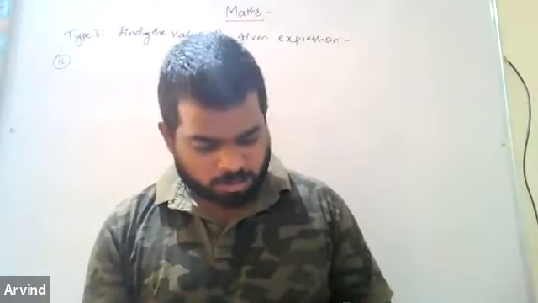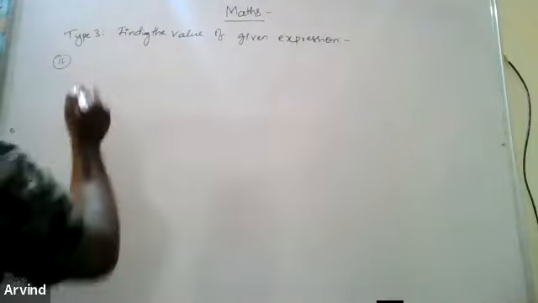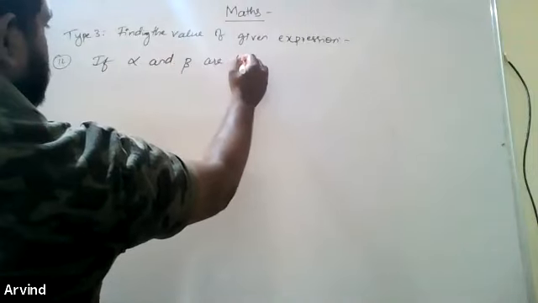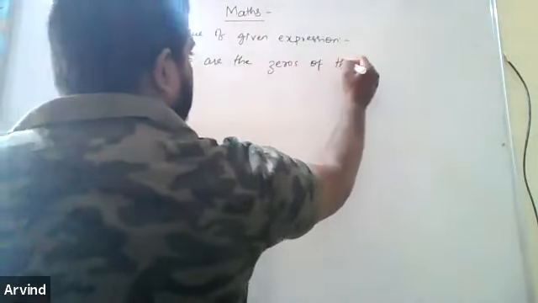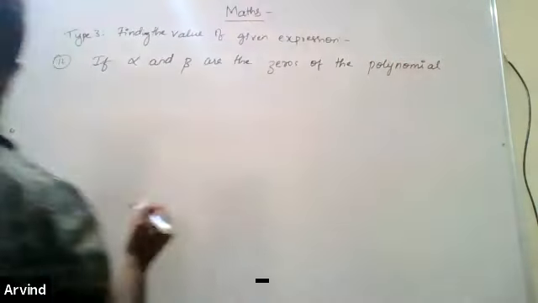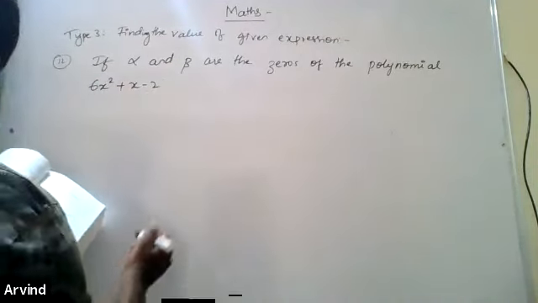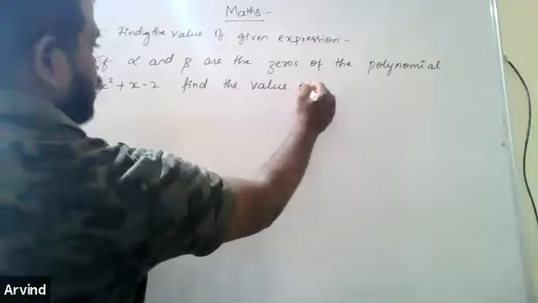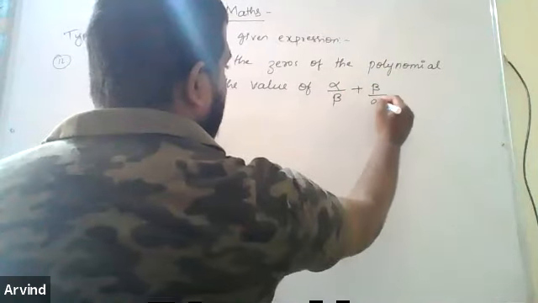So let's take the question. If alpha and beta are the zeros of the polynomial 6x square plus x minus 2, find the value of alpha by beta plus beta by alpha.